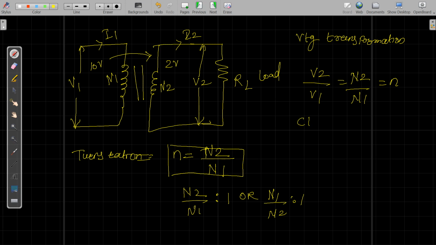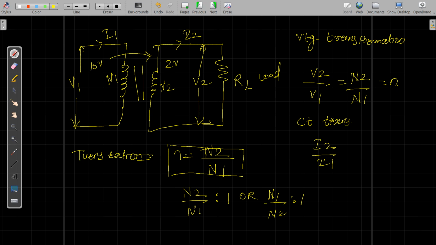Similarly, I can have a current transformation, which is I2 by I1, that is, the current in the secondary winding is inversely proportional to the number of turns of the winding.